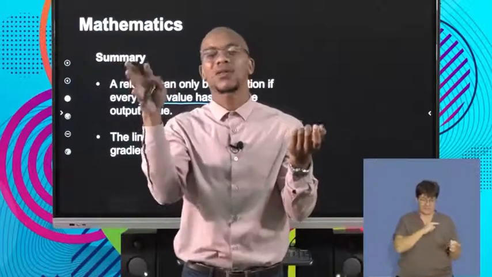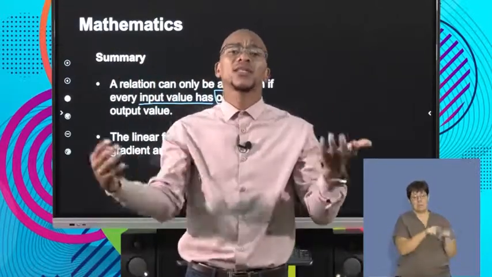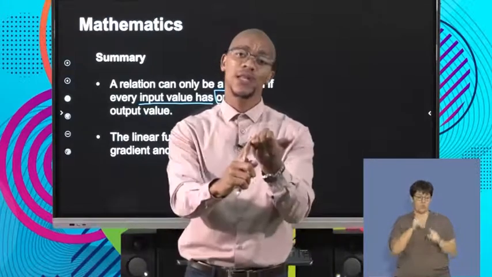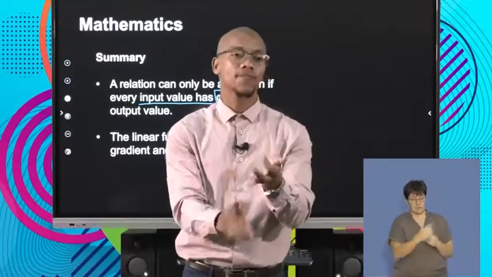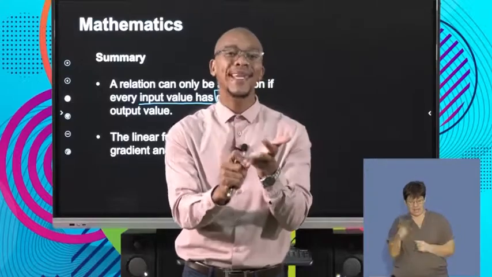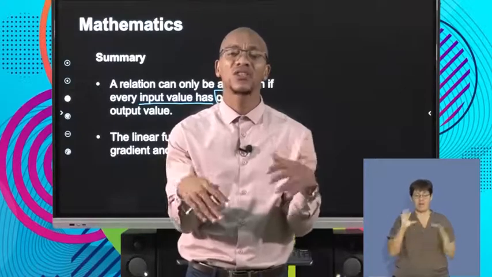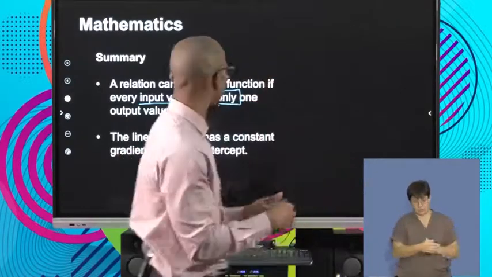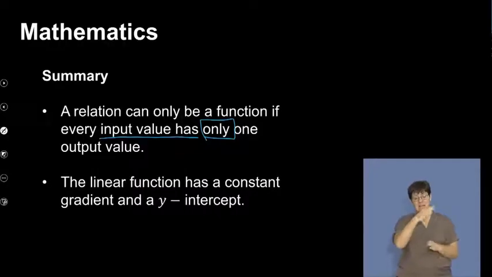Although this one on the other side, the output value is the same throughout. So it's 1 to 1 and many to 1. As soon as it becomes 1 to many, it's no longer a function, it's just a relation. And then the linear function has a constant gradient and a constant y-intercept, right?